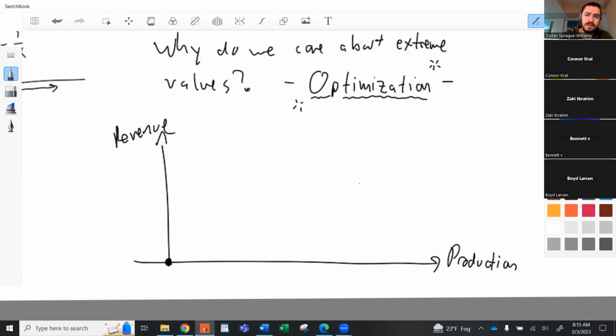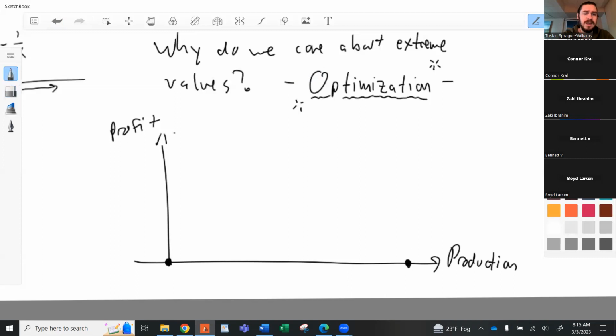If you produce too many things, you also make no revenue because demand isn't high enough to sell them all. Actually, this is more of a profit. Let's talk about profit.